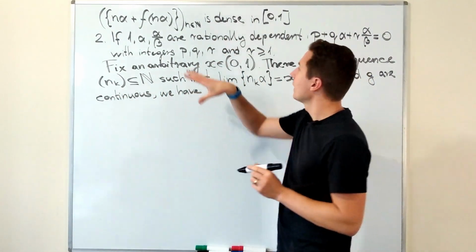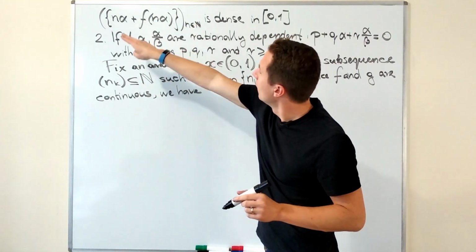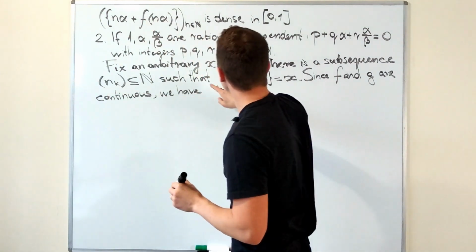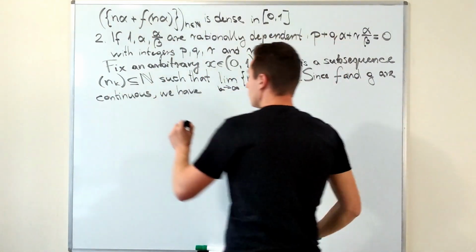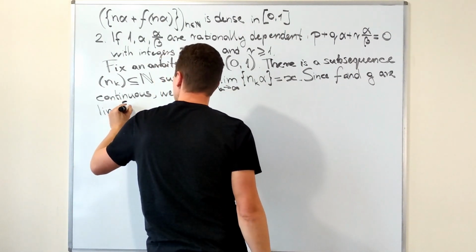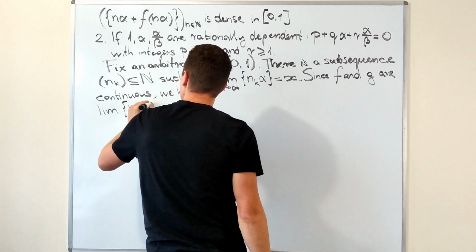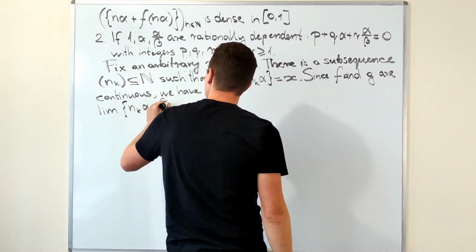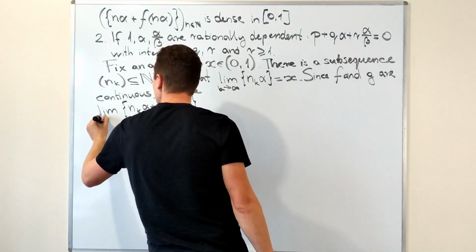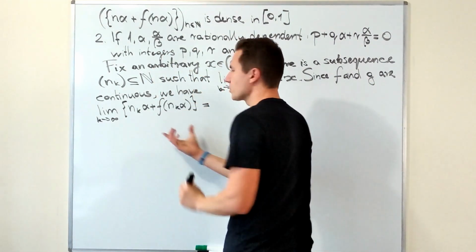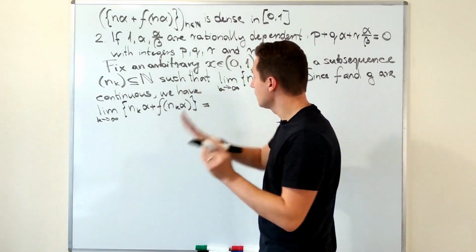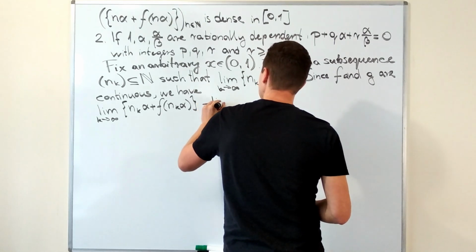If we take again the limit of that sequence of this expression along this subsequence, we will get the following. So the limit of the fractional part of nk times alpha plus f of nk times alpha as k goes to infinity. So this fractional part can be rewritten using the function g instead of f.